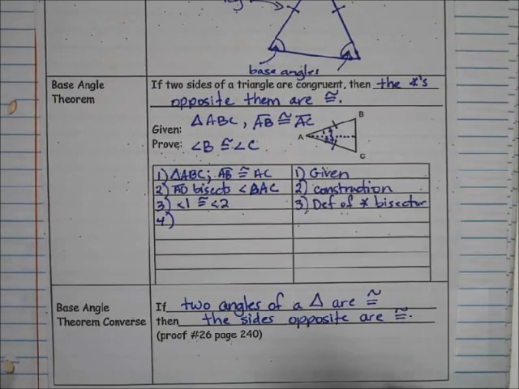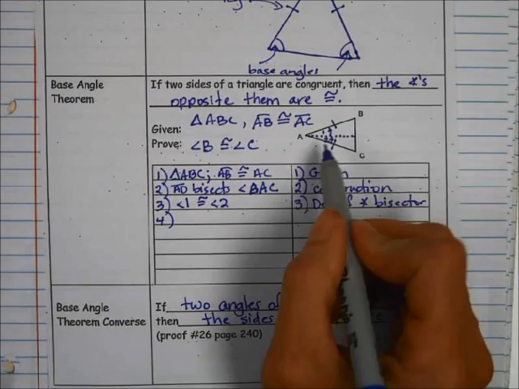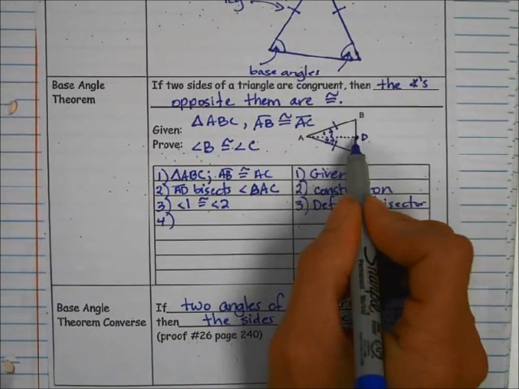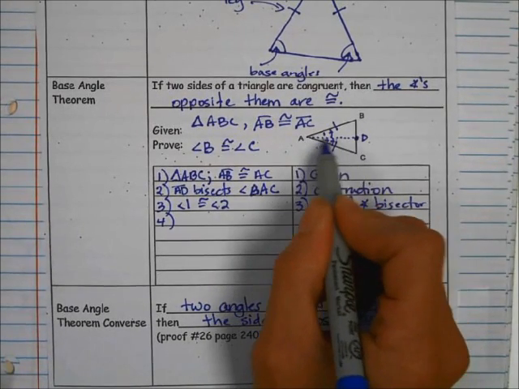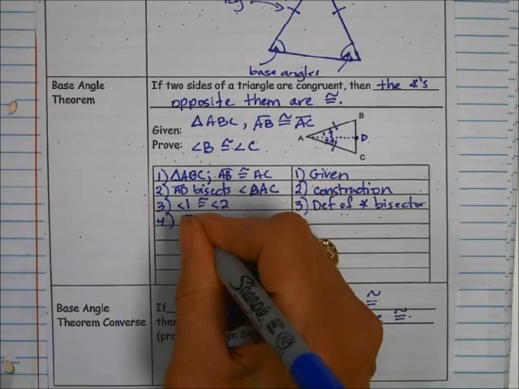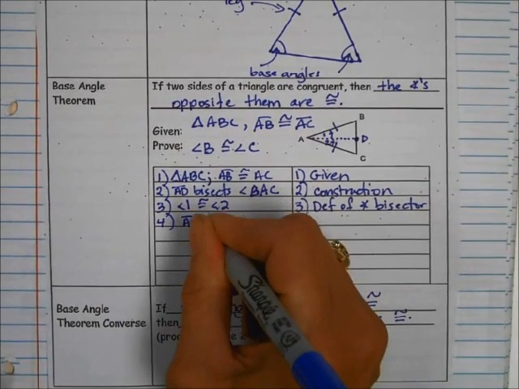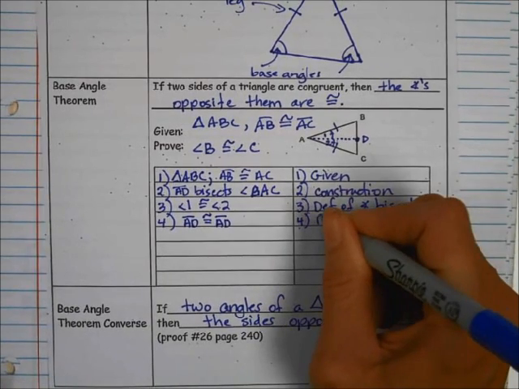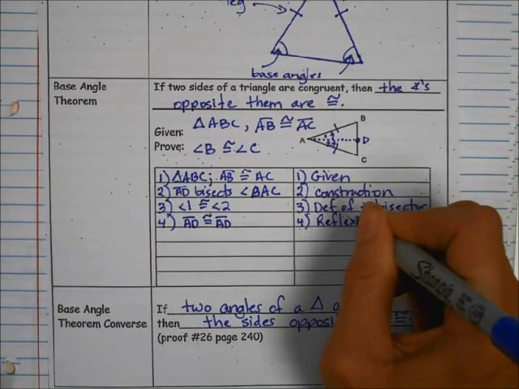Step 4. AD, oh, I'm sorry, I forgot to put my D on there. There's your D. Line AD is going to be congruent to itself. And hopefully by now you know what that is. A little bit of reflexive property.